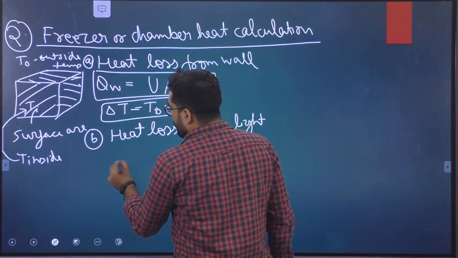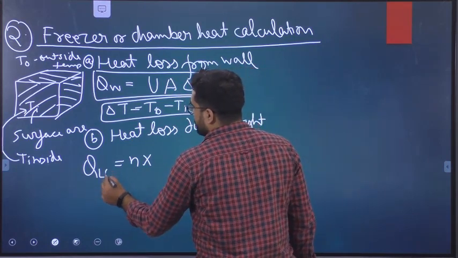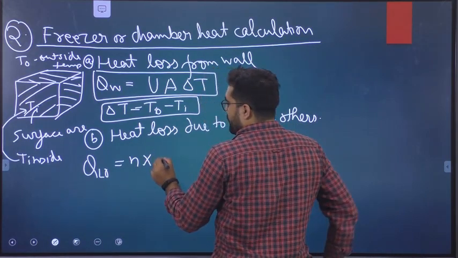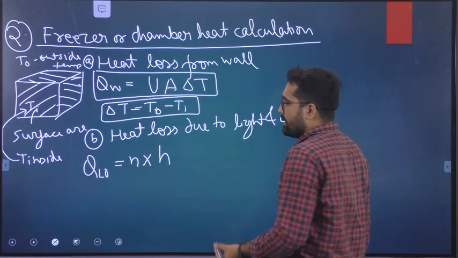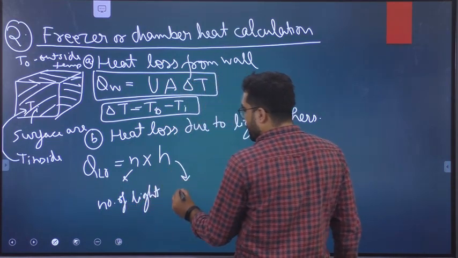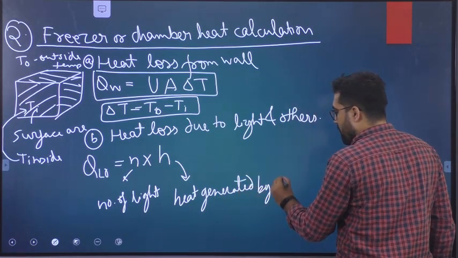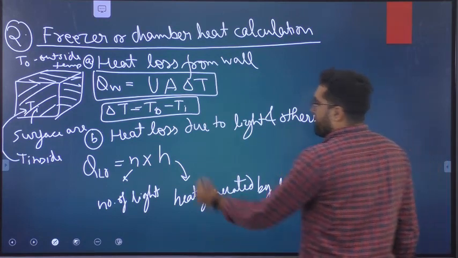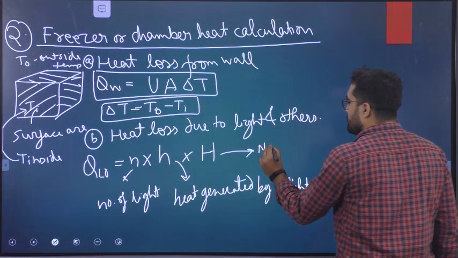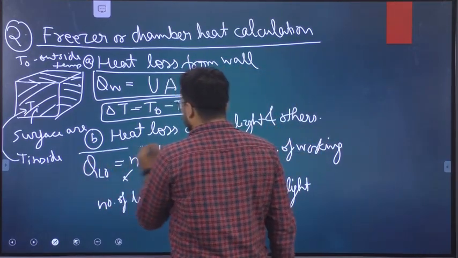For that we have to calculate the number of lights, and QL and others will be the number of lights, and H will be the heat generated by one light, and after that capital H will be the number of working hours, how much time the light worked. So this will be the heat generation, the heat loss due to the light.